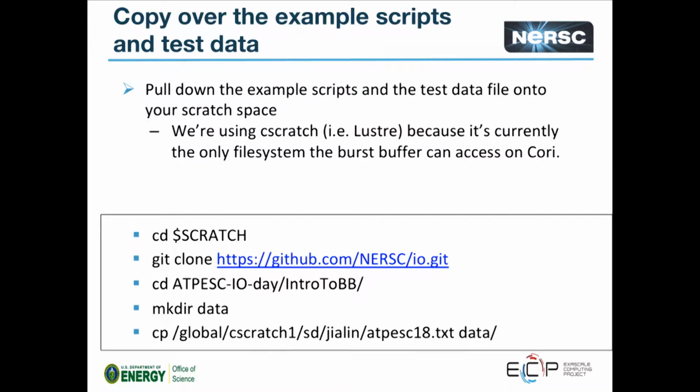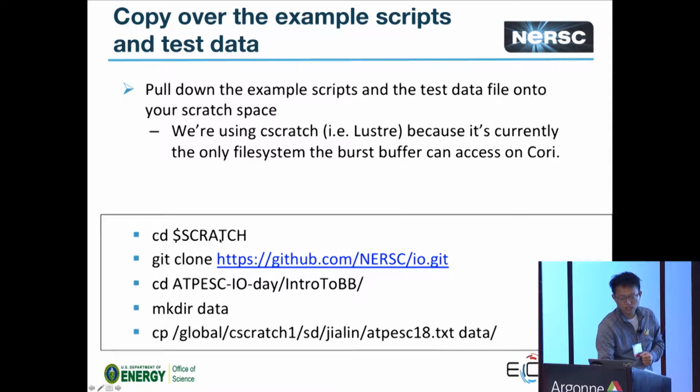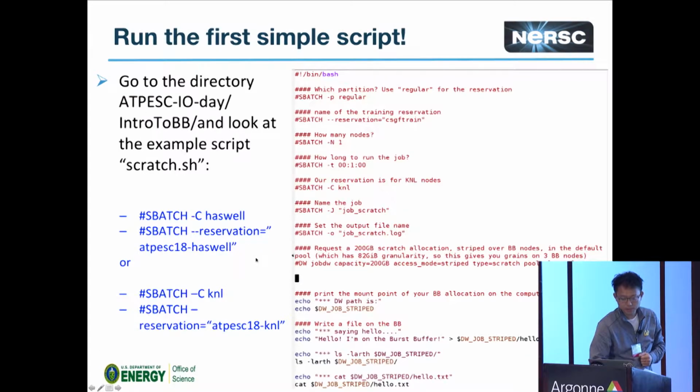To try the example scripts and example code, go into your scratch directory and clone this code. The first example is very simple, just to try the burst buffer and see how it looks.